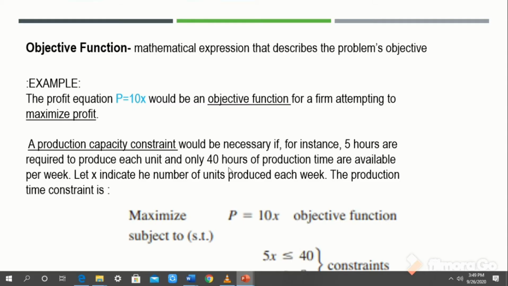Given that each unit you make requires 5 hours, 5 hours for every unit must be less than or equal to 40 hours, which is the total hours available in a week. So that is your constraint: the number of hours, the capacity of production time.